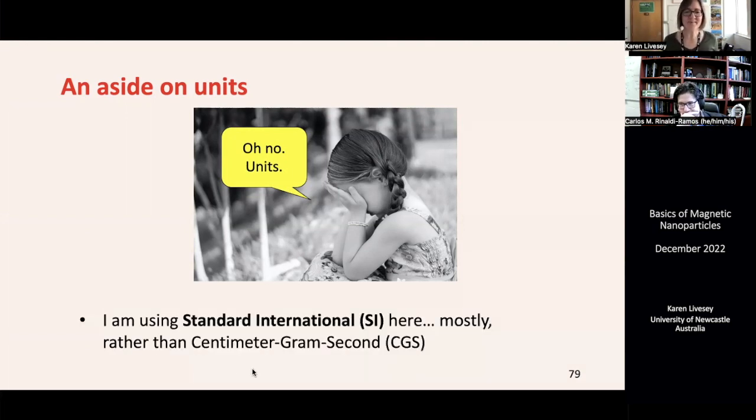I'm going to try wherever possible to use SI units, but many papers still are written in centimeter gram second, or CGS, units. I don't have a strong preference either way, but it seems the trend is heading towards SI units, which is probably the correct way to go.